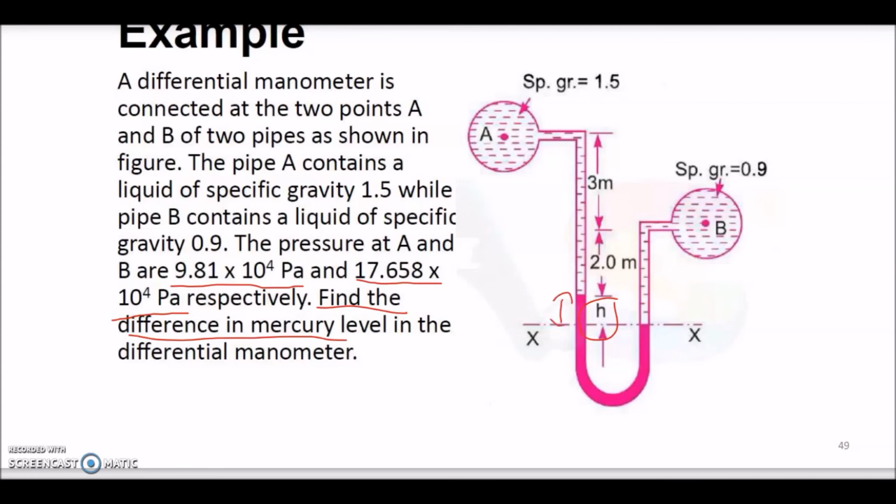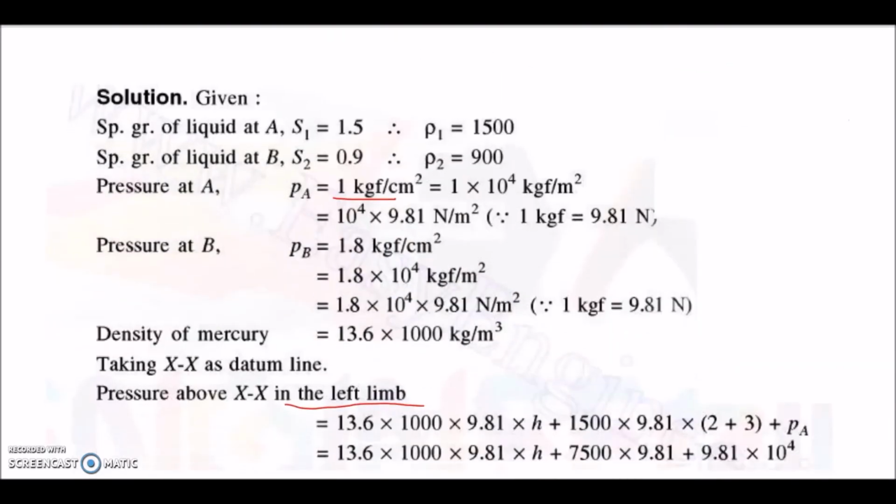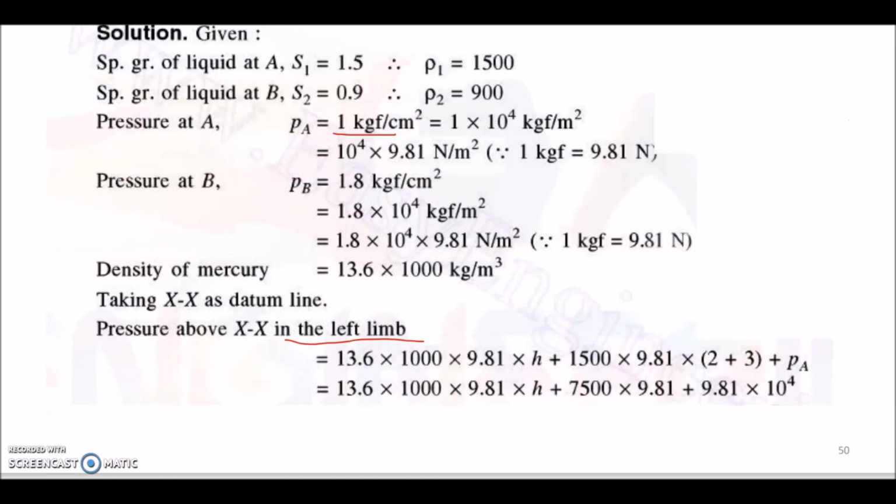We have H here, another one we have oil, with specific gravity of 1.5, height 3 plus 2, so 5 meter, and the H. So you can see from the equation, substitute the H. So we have H and another one is 5. Then PA is given in question. Just substitute the value for PA.